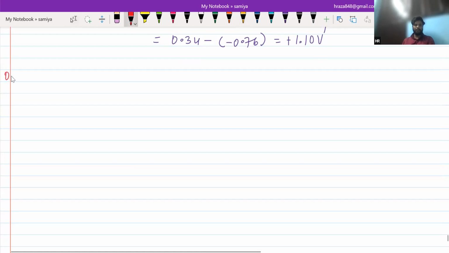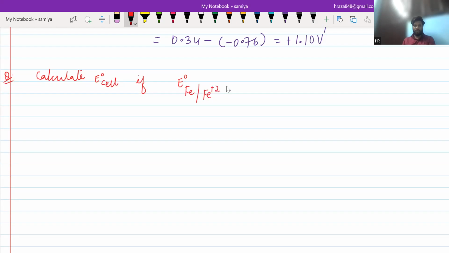Okay, Rin. I'm going to give you a question on the previous topic that we studied in the previous class. Calculate E naught cell if E naught of Fe/Fe+2 is given as plus 0.44 volt and E naught of Cu+2/Cu is given as plus 0.34 volt.